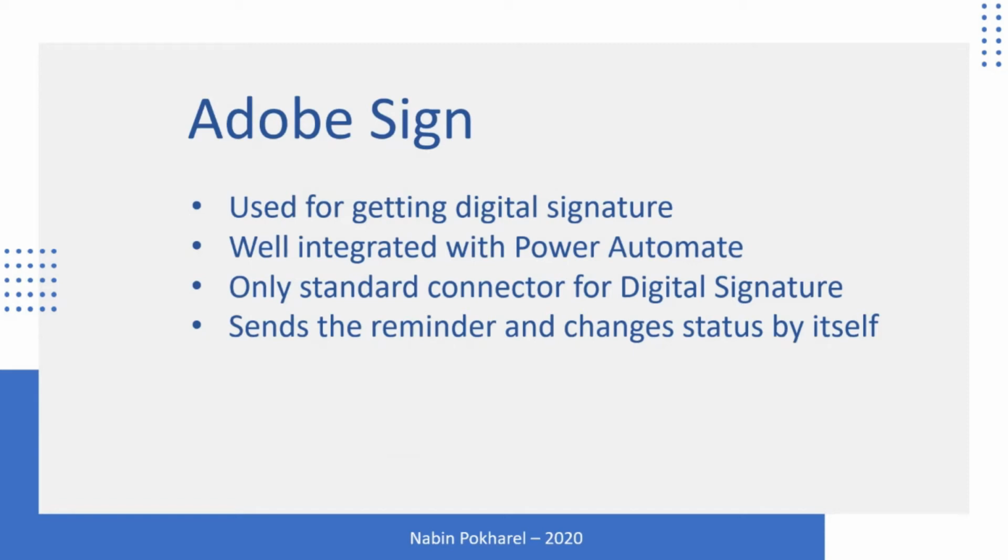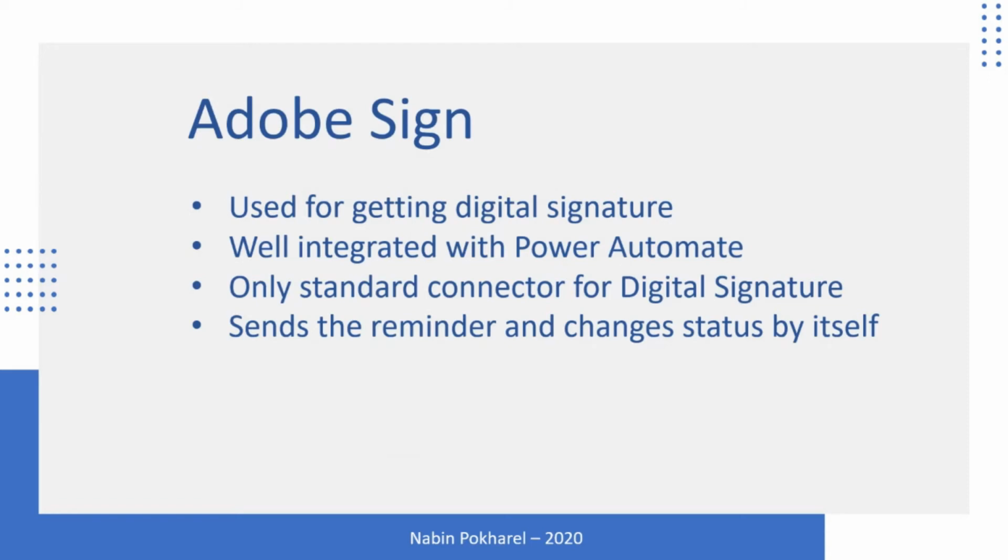The reason is you need to have at least an enterprise license to use it in Power Automate. Otherwise, while authenticating the Adobe Sign connector in Flow, it gives an error. So that's good to note.